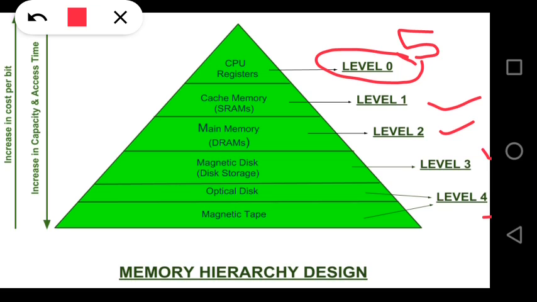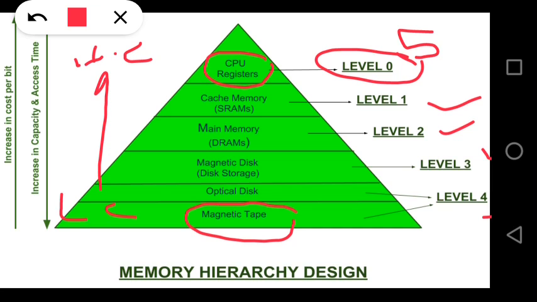And if you look at the cost, the cost of the CPU registers is higher when you compare with the cost of the magnetic tape. So it has low cost, it has high cost. So the cost is getting increased from bottom to top.